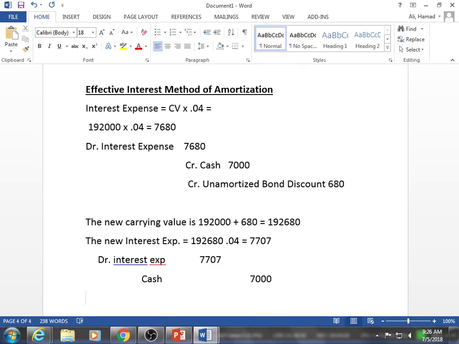And the 707 is going to be amortized. Credit unamortized bond discount for 707.